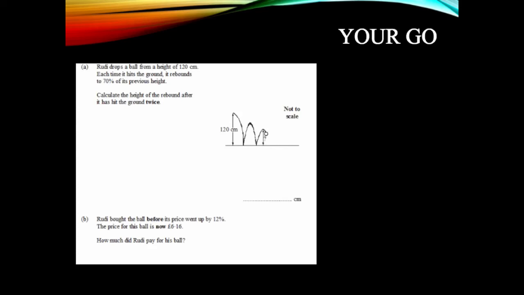So what's happening here? We started off with 120. We know it's going to be 70% of its previous height. So if we were doing a multiplier, what can I do that means it ends up being 70% of its previous height?